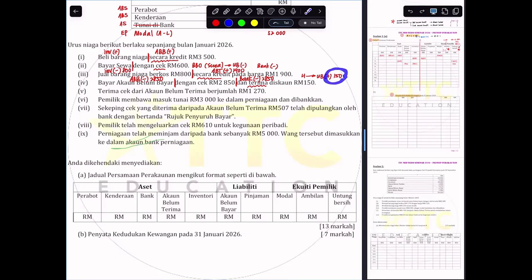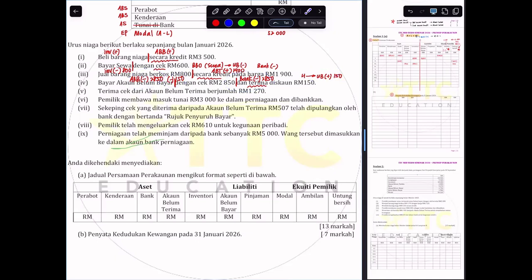So logical thinking, if I receive discount, that means I need to pay more or less later. After receiving discount, I need to pay more or less later? Less. That means my ABB minus another 150. But bear in mind that if I pay by check 2,850, of course my ABB really minus by this actual amount. And after that, I get discount, so my ABB minus another 150.